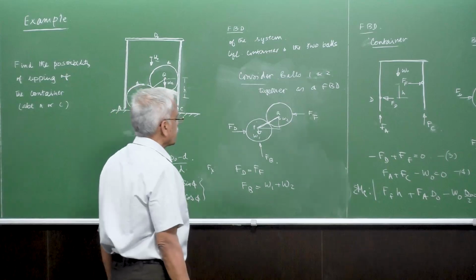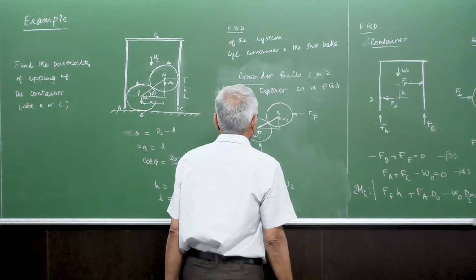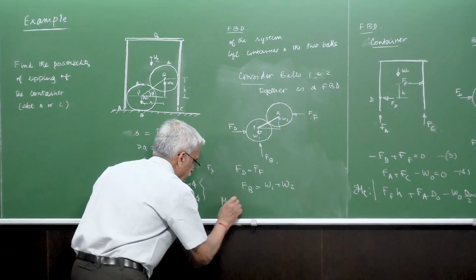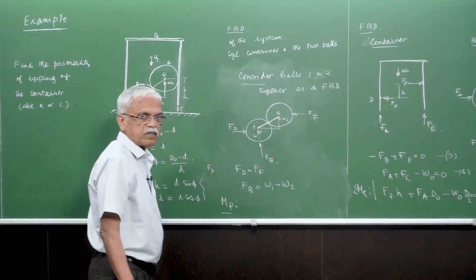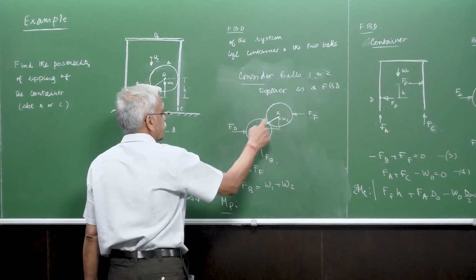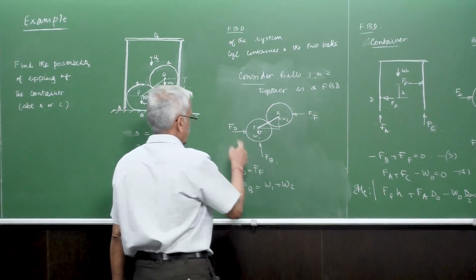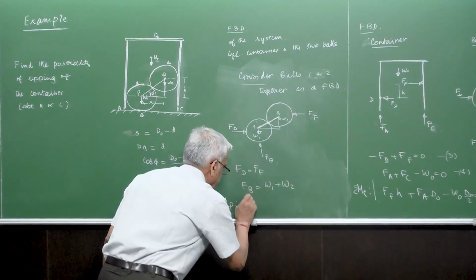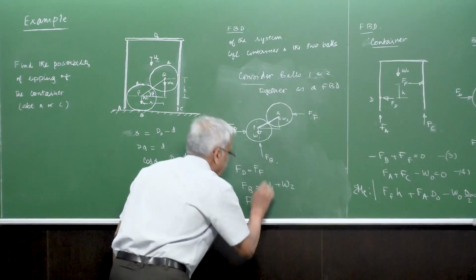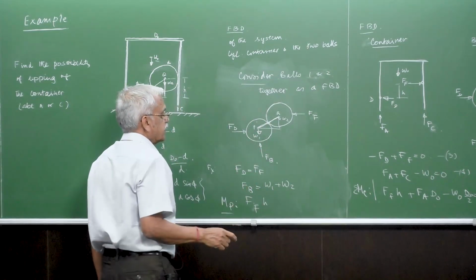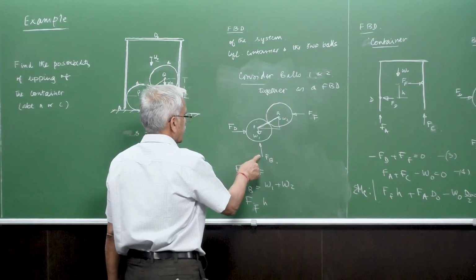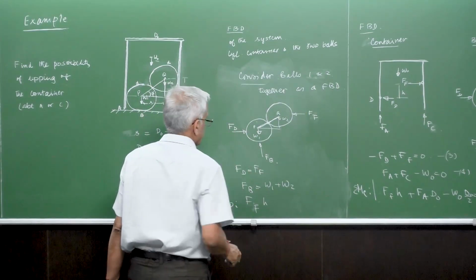Then we can find the moment equation about P. FF will create a moment about this one, so that is FF times H. And since we are taking the moment about P, we can eliminate FB as well as FD.